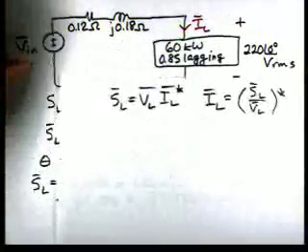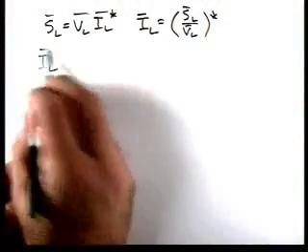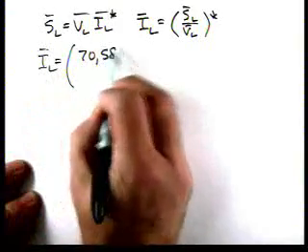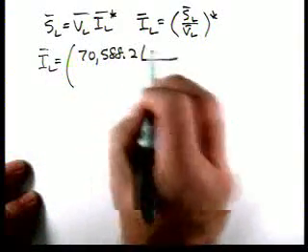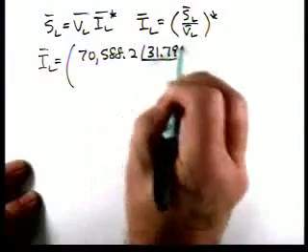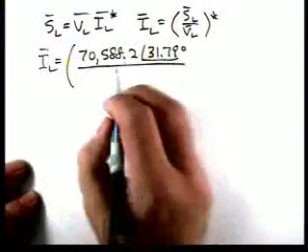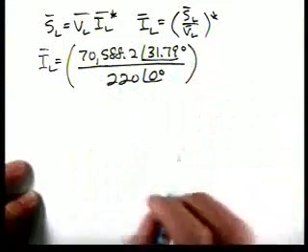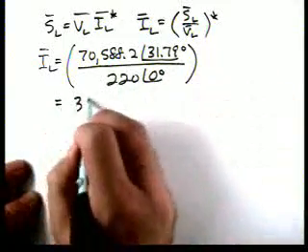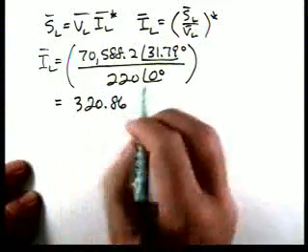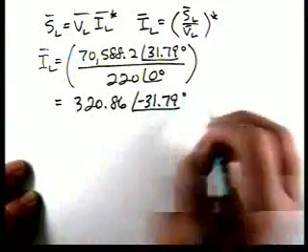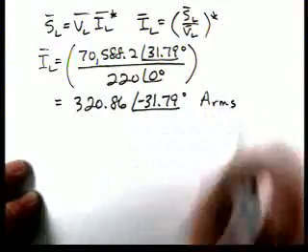Okay, so then I_L is 70,588.2 angle of 31.79 divided by 220 at an angle of 0, and that's going to give us 320.86 at an angle of minus 31.79 degrees amps RMS.